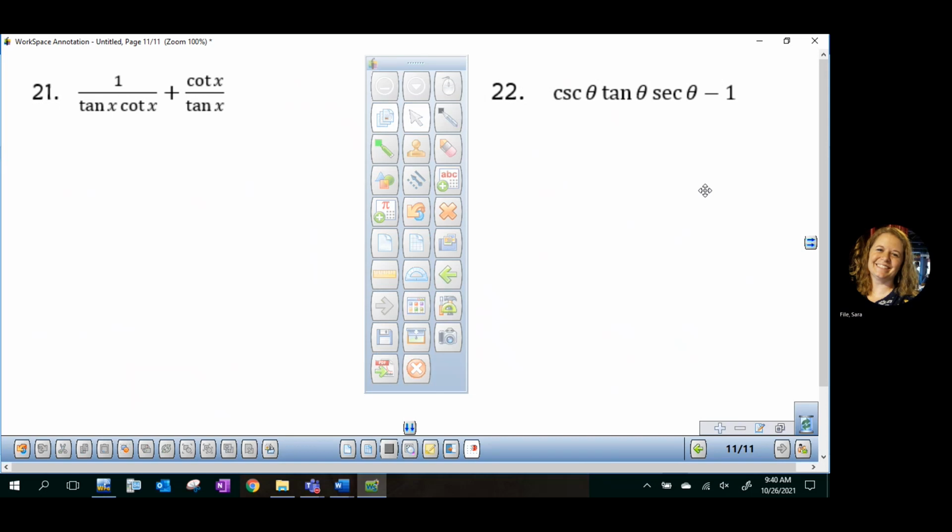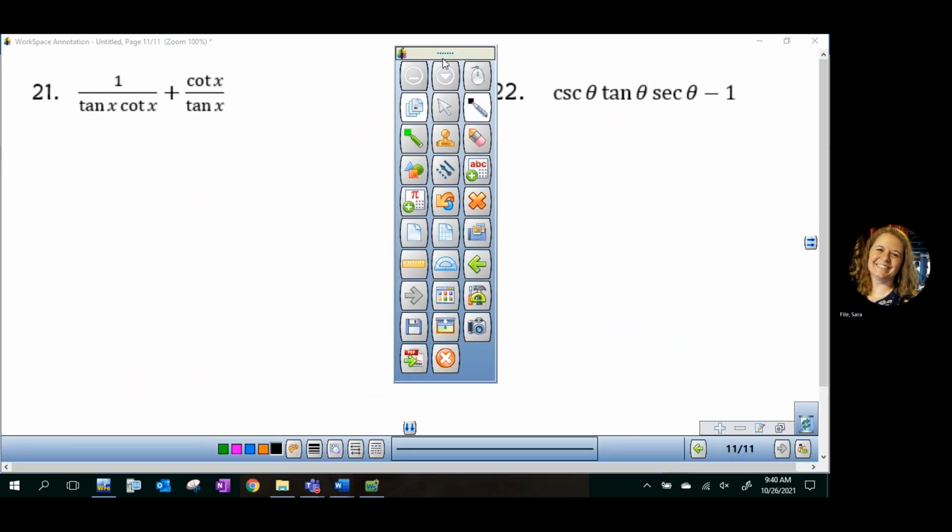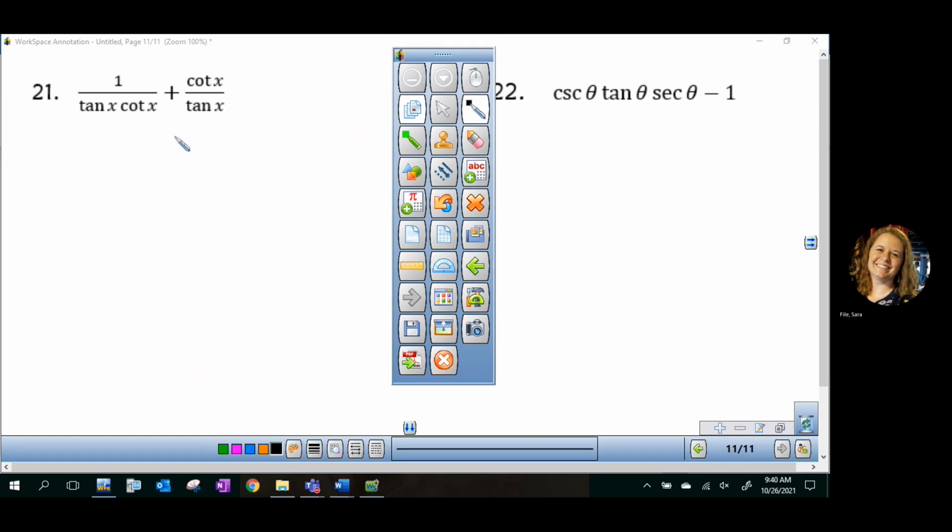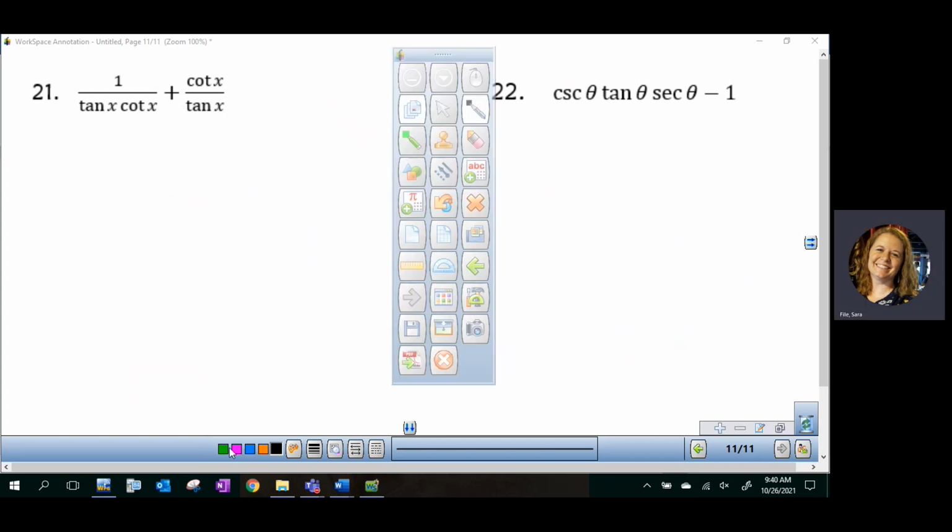21, or on your paper, I think it says 19. I have 2 fractions trying to be added. What do I have to add fractions? Okay, and both of them have tangent. So the only thing missing here is the times cotangent.